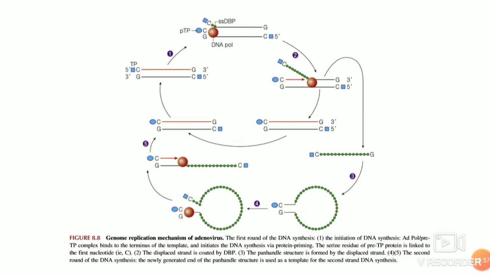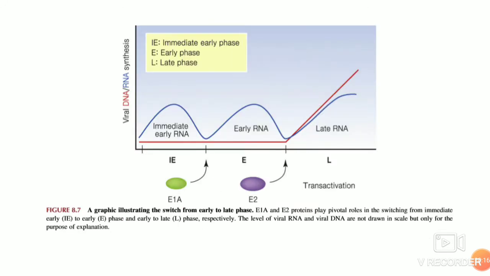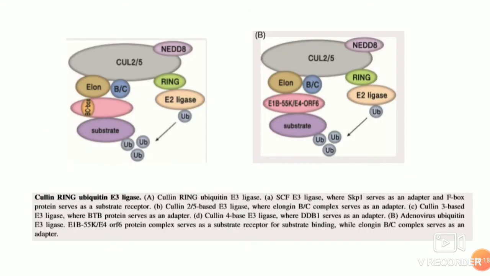At this stage, the DNA repair machinery has to be blocked, which is very important, or else concatamers will be formed, because the linear viral DNA is recognized as a break by the DNA repair machinery. So it is done by the Cullin ring ubiquitin E3 ligase.